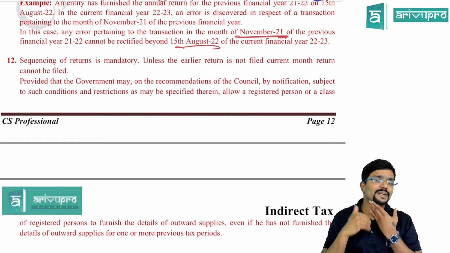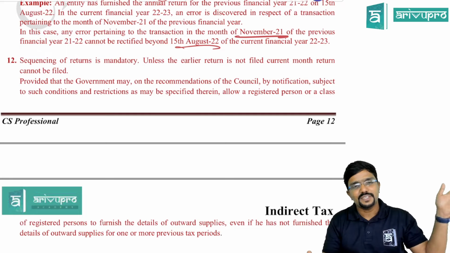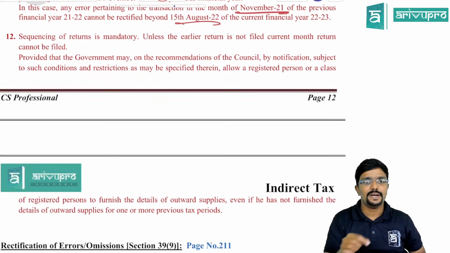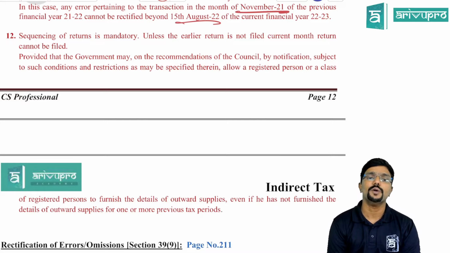But government has a power to exempt anyone, telling you need not file last month return, you at least file current month. Only government has this power. Provided that the government may, on the recommendation of the council by notification subject to such conditions and restrictions as may be specified therein, allow a registered person or a class of registered persons to furnish the details of outward supply, even if he has not furnished the details of outward supply for one or more previous tax periods.